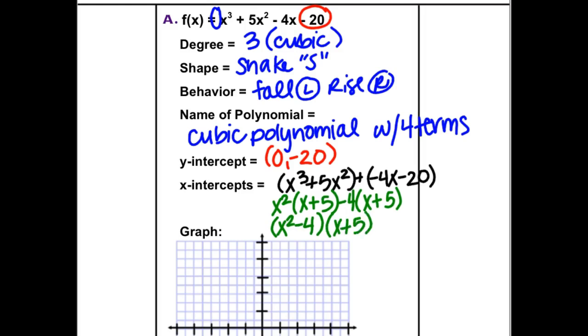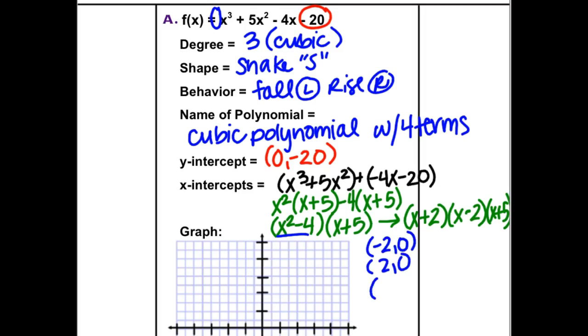But I notice that x squared minus 4 is a difference of squares. So therefore, this is going to factor into x plus 2, x minus 2, and then we still have that x plus 5. So that means my zeros are going to be negative 2, 0, 2, 0, and negative 5, 0.